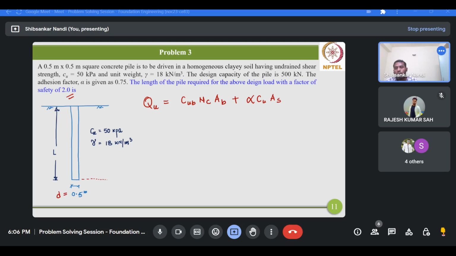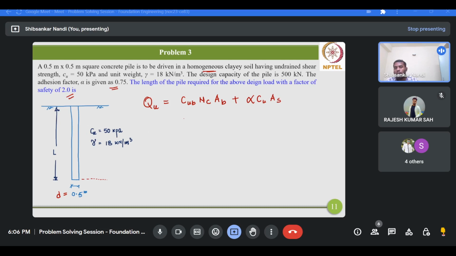Alpha is the adhesion factor, and this is given as 0.75. What is C_u? This is the average cohesion over the length of the pile. Now as you can see, this is a single layer deposit or a homogeneous clay stratum, so this C_u will be simply 50 kPa. And what is A_s? This is the surface area of the pile.